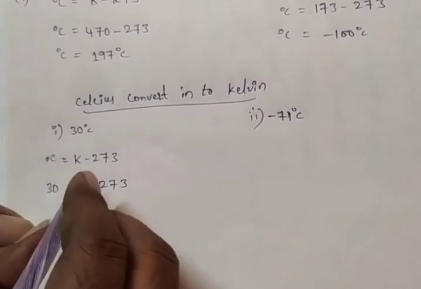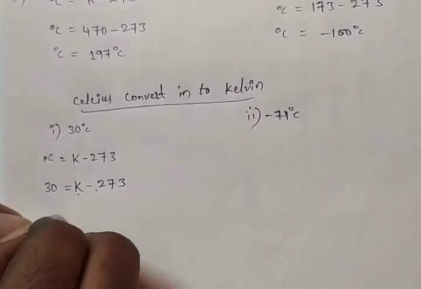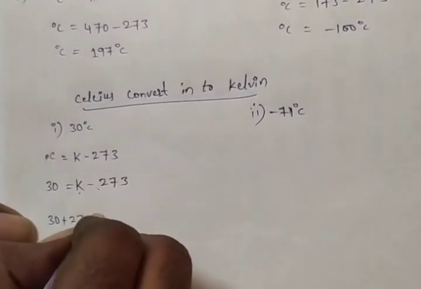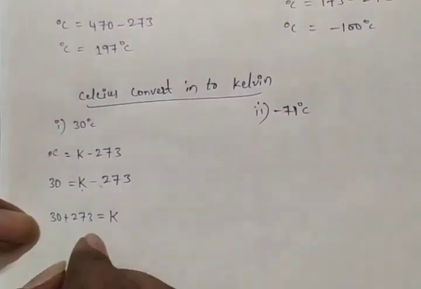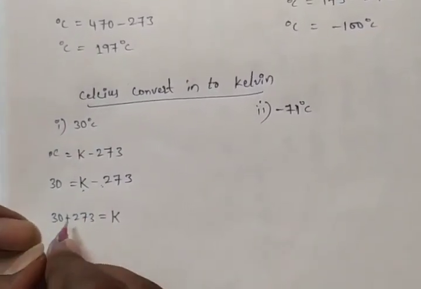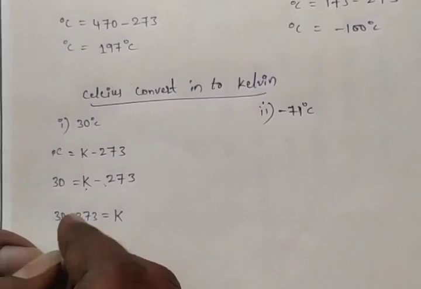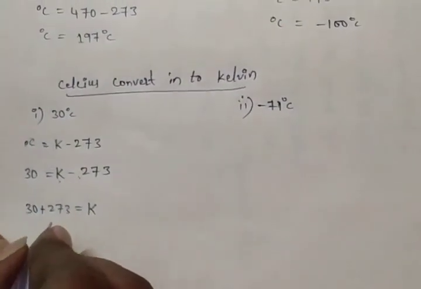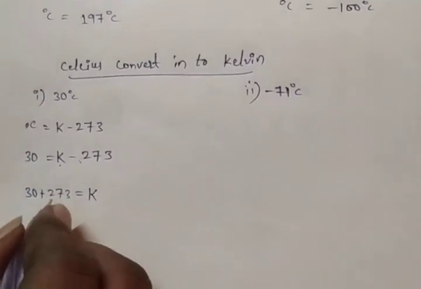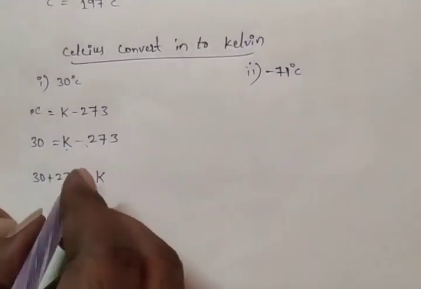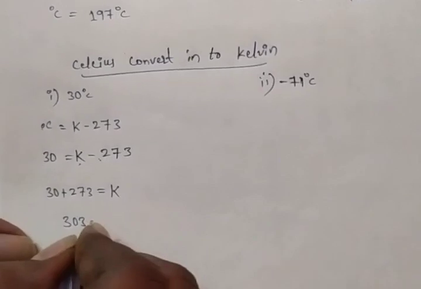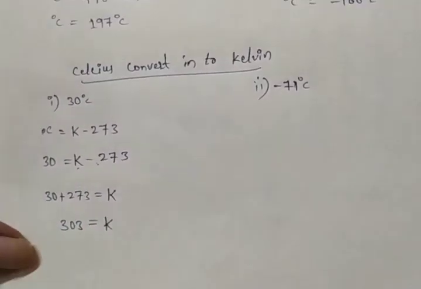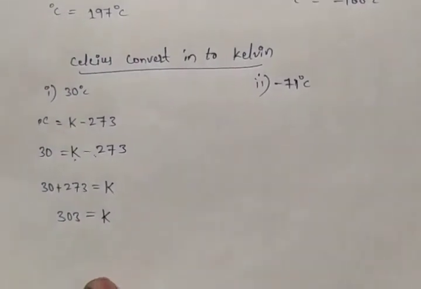Then Kelvin is equal to 30 plus 273. Here we subtract 273, there we add 273. 273 plus 30 is 303 Kelvin.